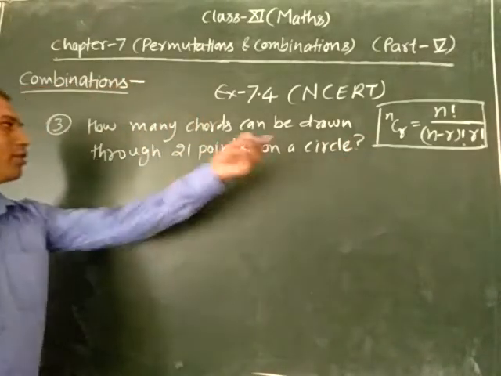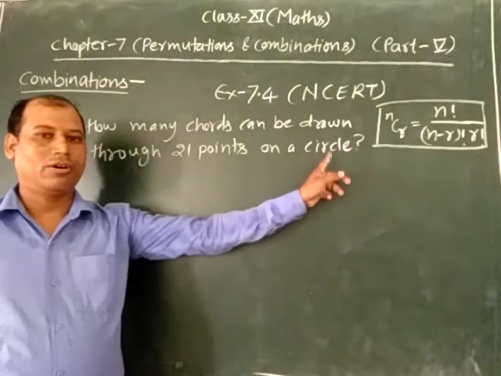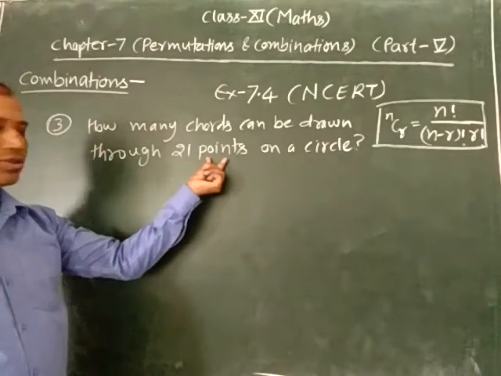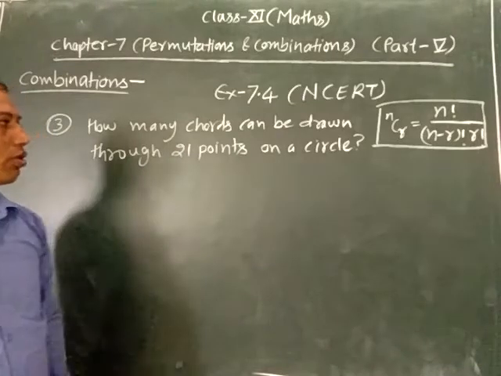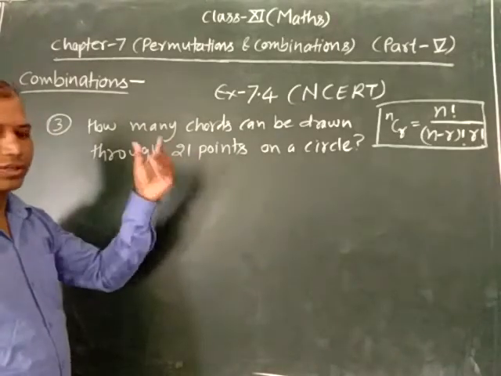In this question, there is a circle, and on that circle there are 21 points. We have to find the number of chords which can be drawn from these 21 points.